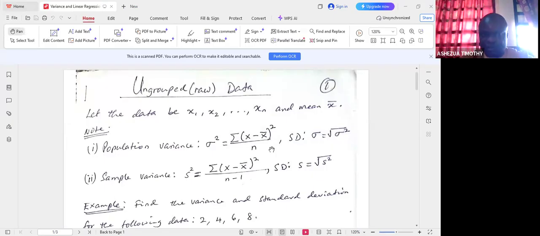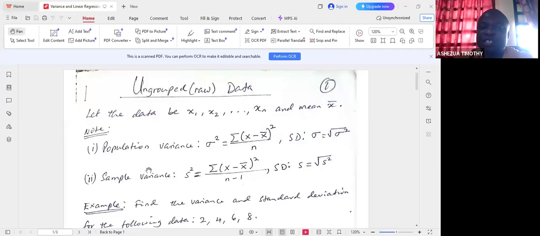That's why we say population variance sigma squared is equal to the sum of (x minus x bar) squared all over n. And the standard deviation, of course, is the square root of the variance.